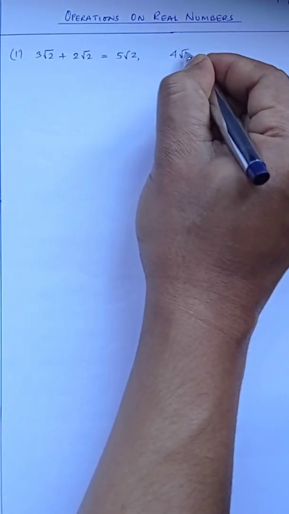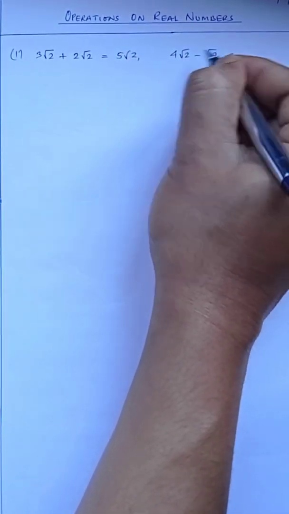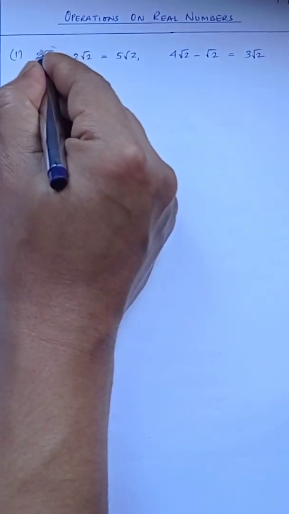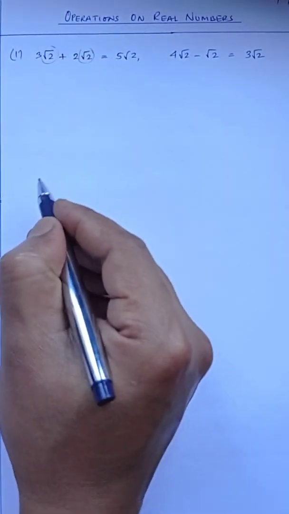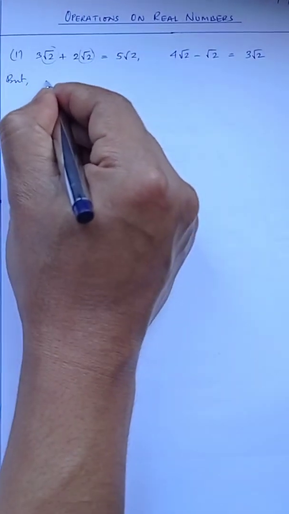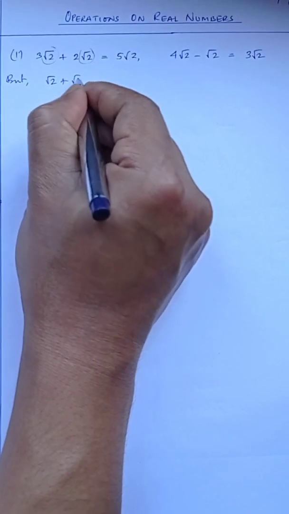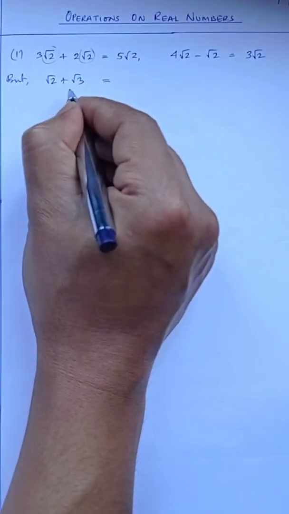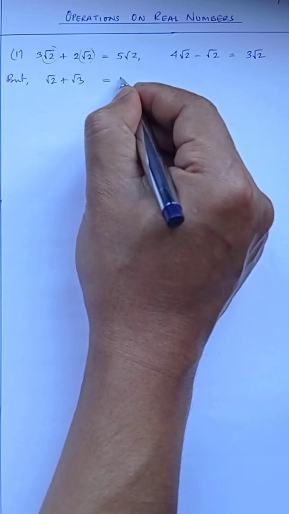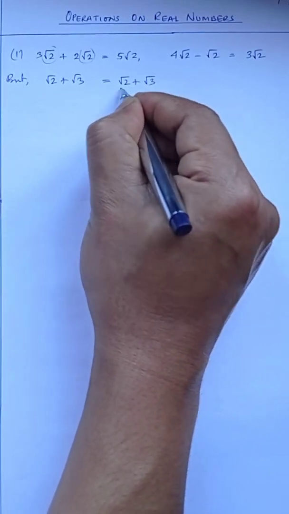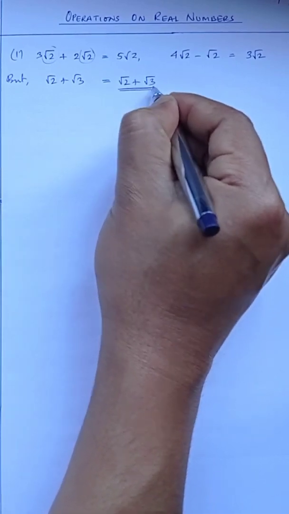Likewise, 4 root 2 minus root 2, you can subtract it. What will you get? 3 root 2. If the root and the number inside them are similar, they can be added or subtracted. But root 2 plus root 3, though they have square roots, the numbers inside them are not the same, so you cannot add them. This is 2, this is 3, you cannot add them.